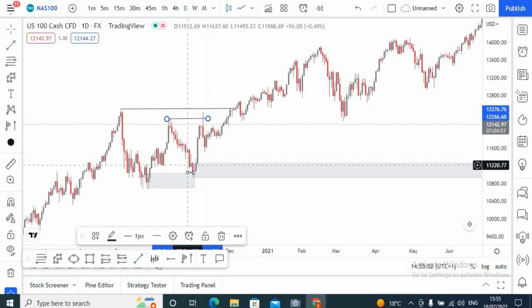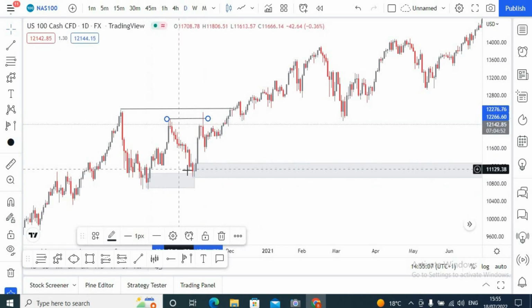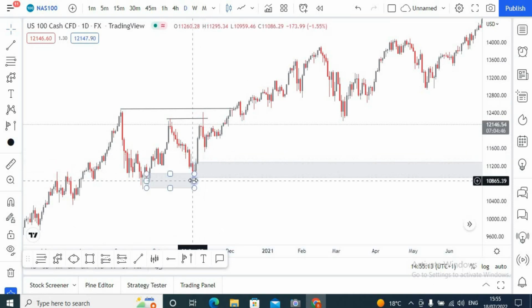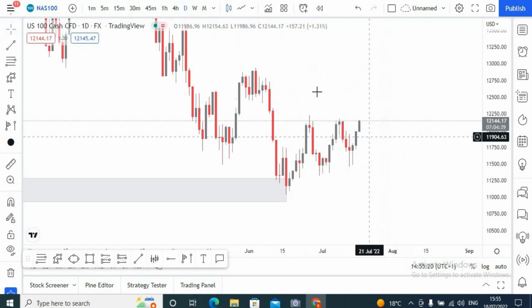You can see this was only bullish momentum. We didn't have any opposite candlestick, meaning we're going to focus on the last candlestick's high and low. That's our demand zone, and that was the first time coming back as well.